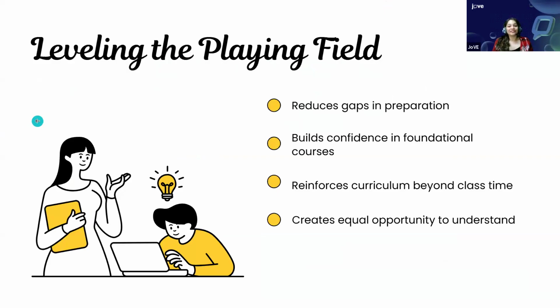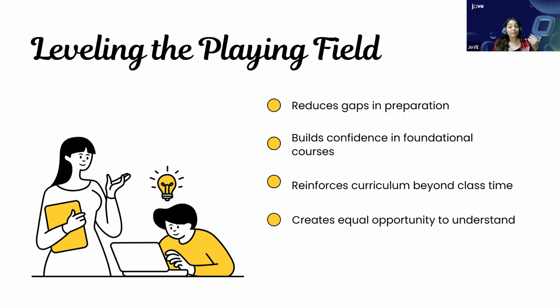So, when we talk about leveling the playing field, what does that really mean in practice? It's not about making every student the same, right? But it is about reducing the gaps in preparation, gaps in exposure, and gaps in confidence, perhaps.